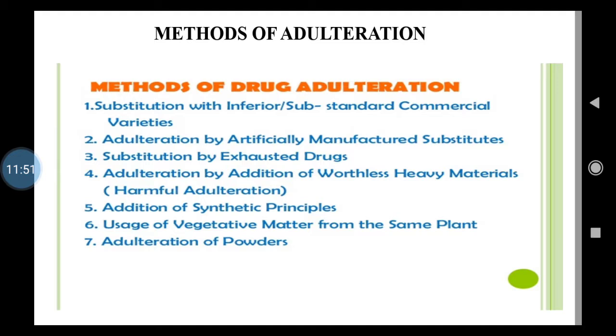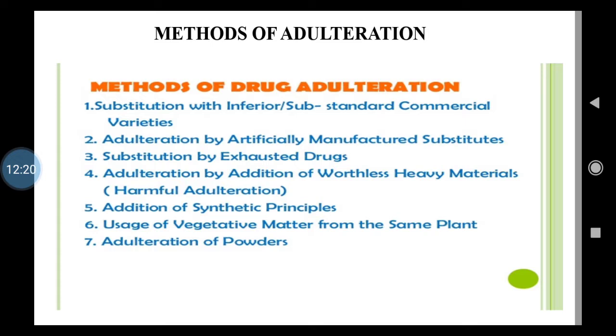Then adulteration by addition of worthless heavy materials, which we will see later in this type. Then addition of synthetic principles. Although we know that we are dealing with naturally occurring drugs, synthetic agents are also used and the original drug is adulterated.